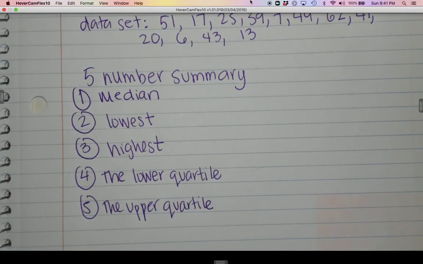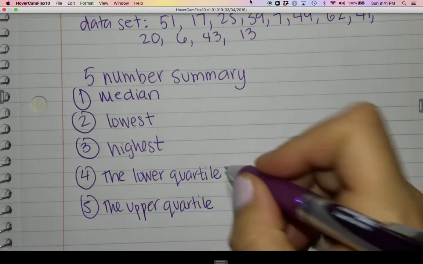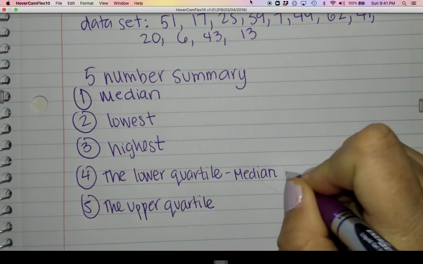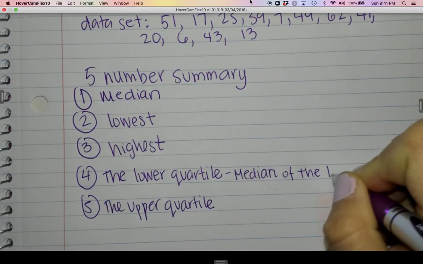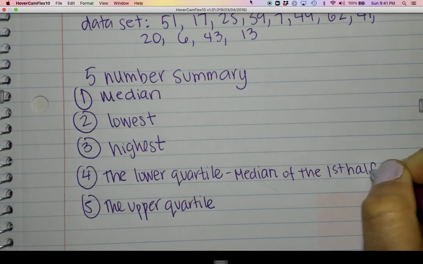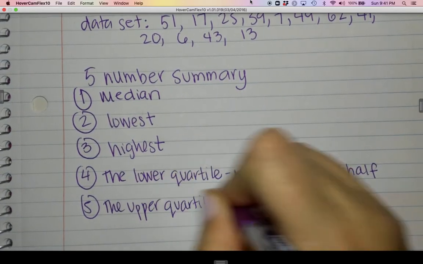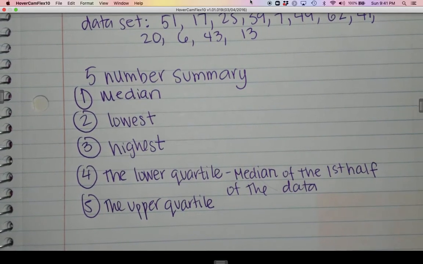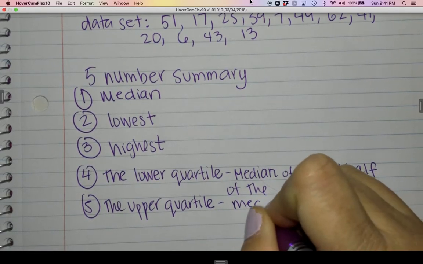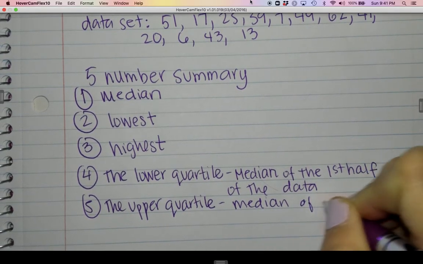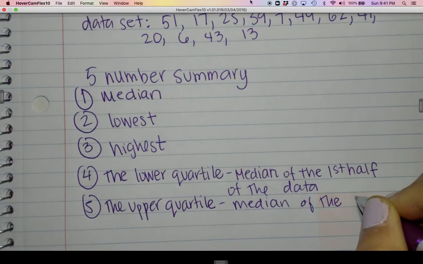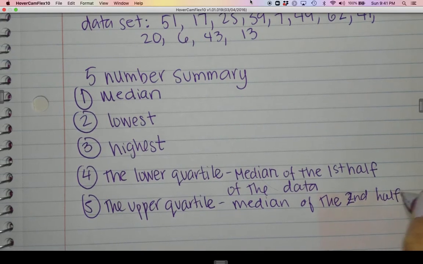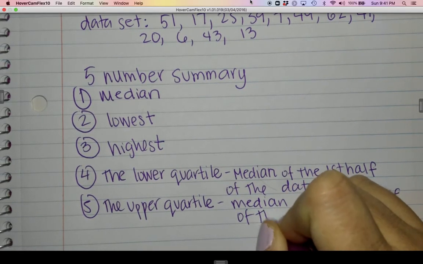In order to get the lower quartile, we find the median of the first half of the data, and the upper quartile is the median of the second half of the data.